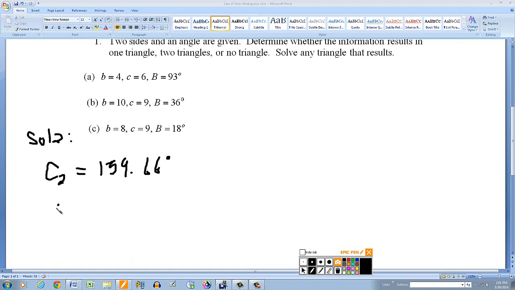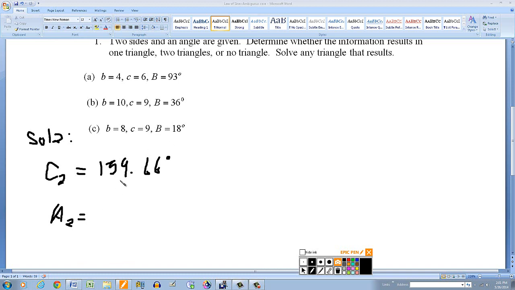Angle A, and I'm going to call it A2 since it's for the second triangle, is going to equal 180 minus the two angles. You have the two angles, 159.66 and 18 degrees.